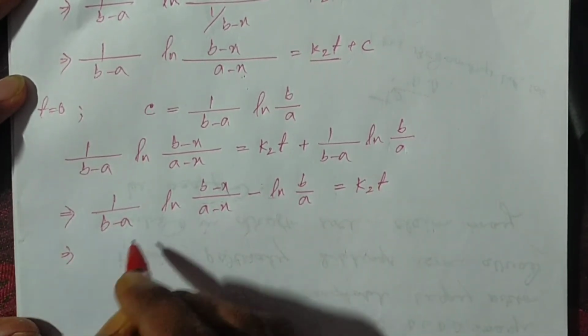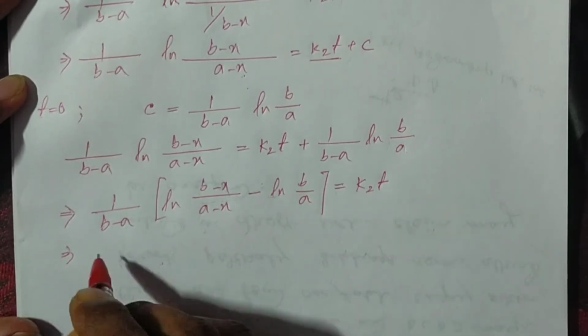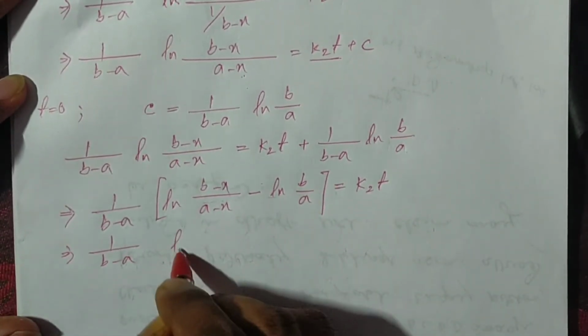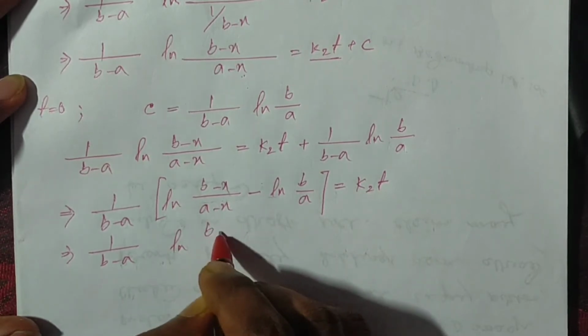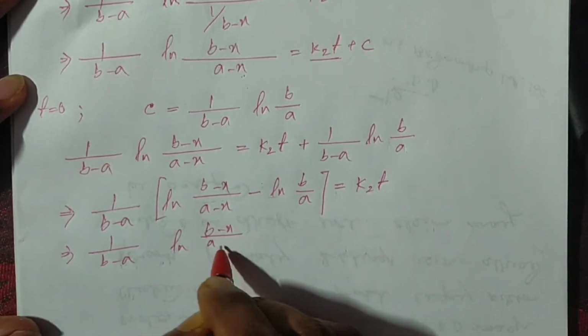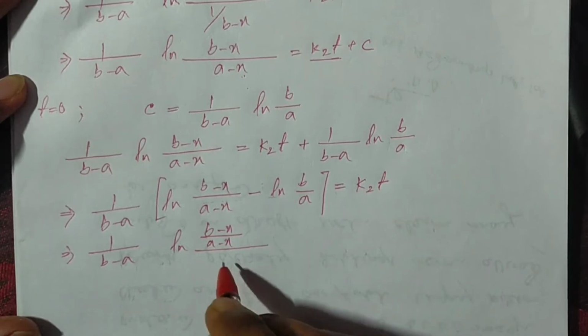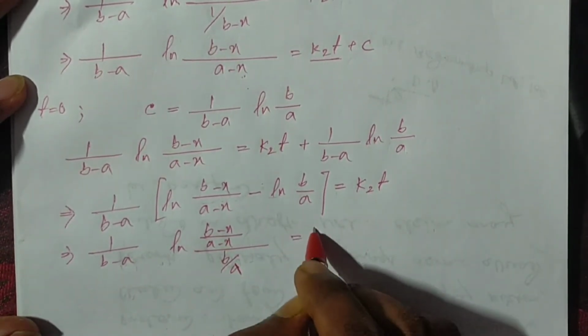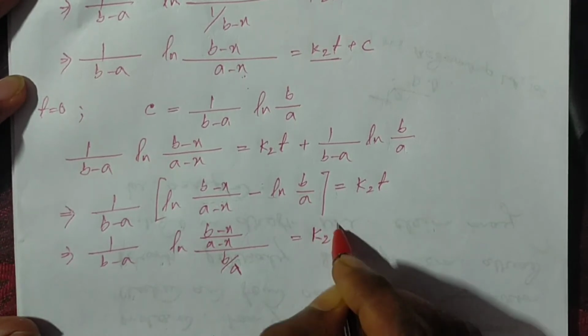So we can write 1 by (b minus a) ln of (b minus x) by (a minus x) divided by b by a is equal to k2t.